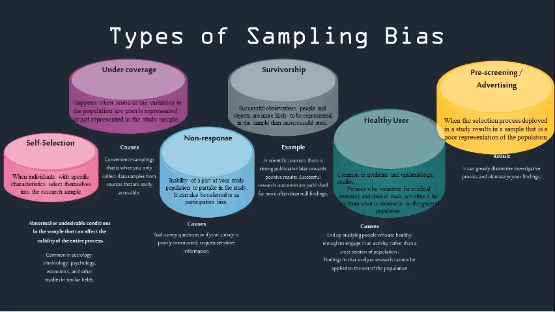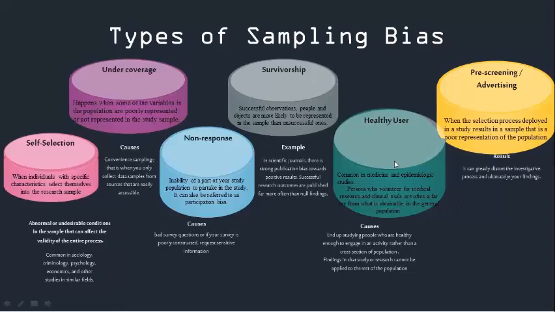It is seen that many times the persons who are healthier than the rest of the individuals become part of these samples, and because they are healthier, they are more active during these kinds of studies. So the ultimate result is that you end up studying people who are very healthy rather than people who are not so healthy. So you get a healthy user bias.